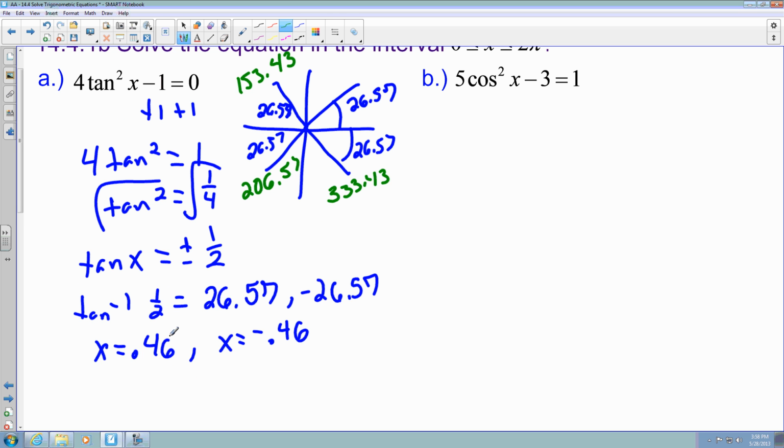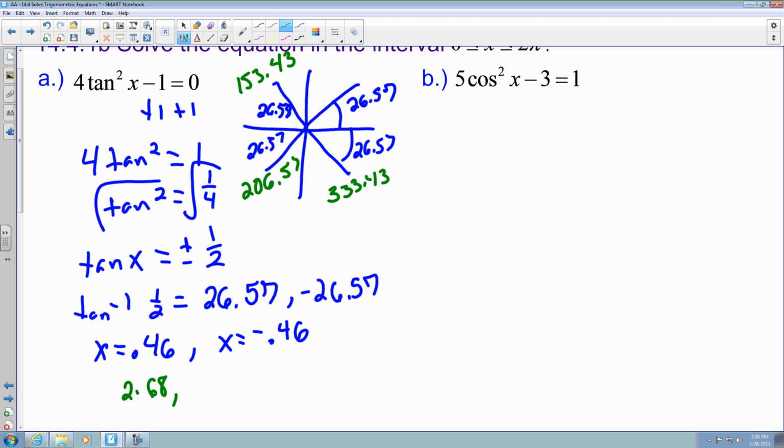Now all I have to do is figure out the positive radians. So if I take 153.43, multiply it by pi, and then divide it by 180, I'm going to get a value of 2.68 radians for that second quadrant.